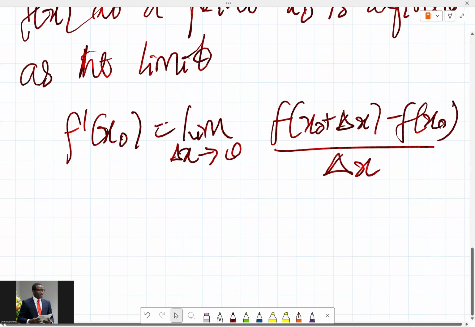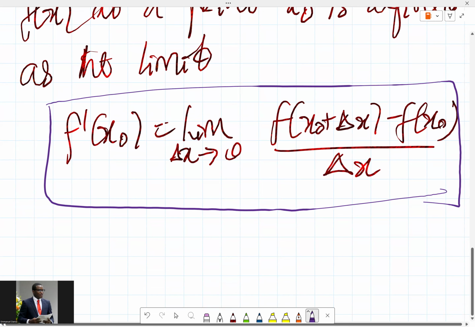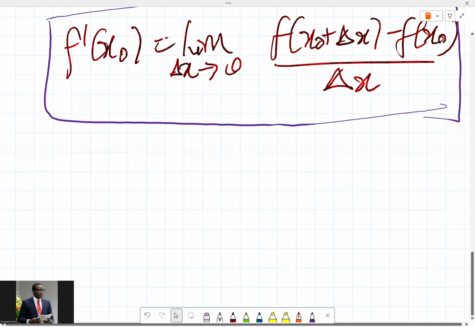So this is the definition of the derivative.